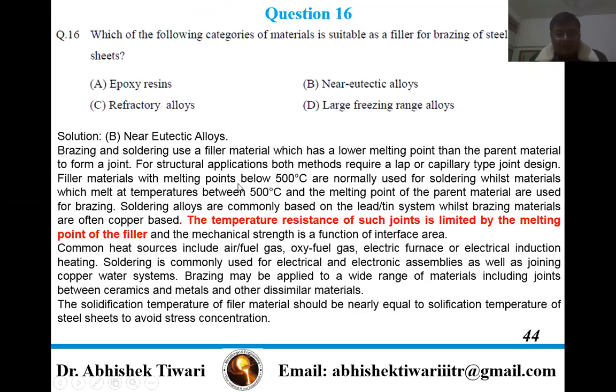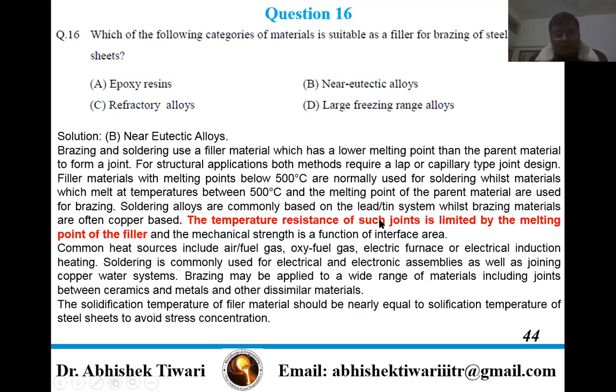Filler materials with melting point below 500 degrees centigrade are normally used for soldering, while materials which melt at temperatures between 500 degrees centigrade and melting point of parent material are used for brazing.